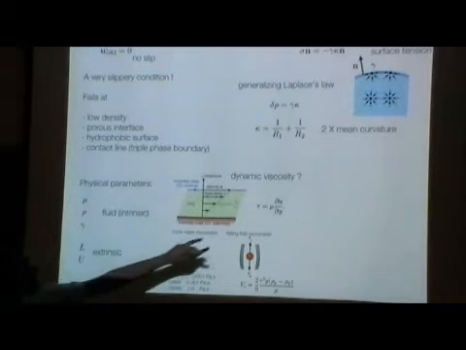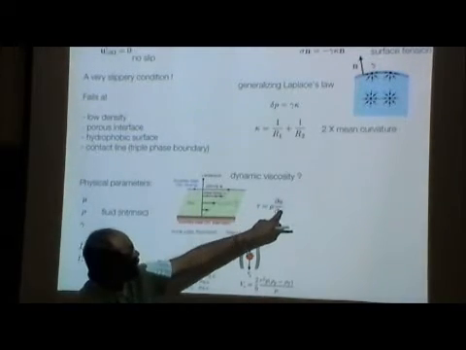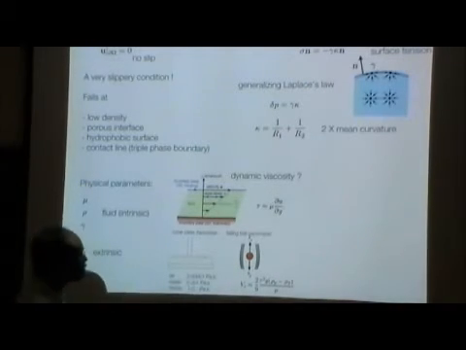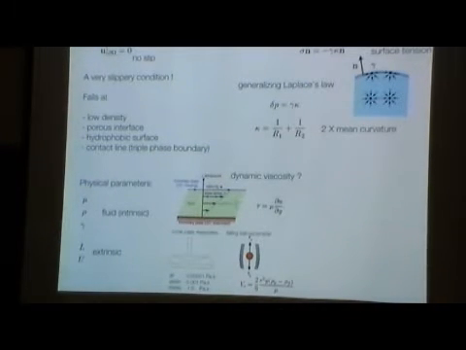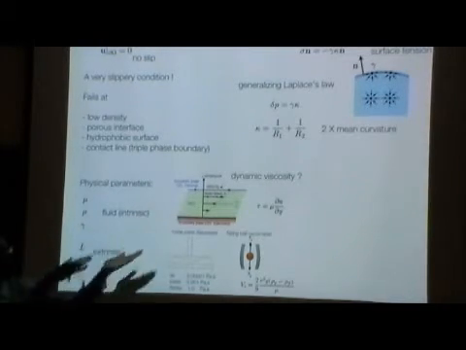Okay? So that's stress. That's a velocity divided by a length, so that's a rate of change. This is exactly consistent with your intuition that fluids respond not to changes but to rates of change. Velocity over length is 1 over time. And you can measure it in this simple device.